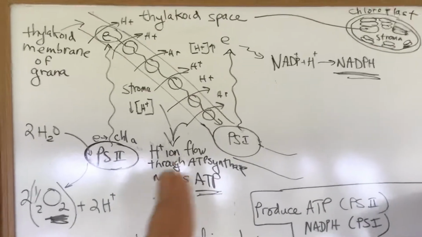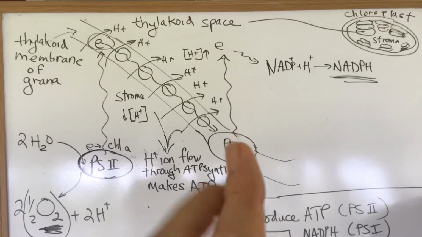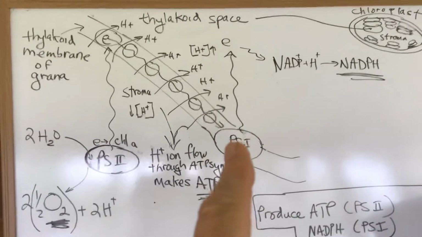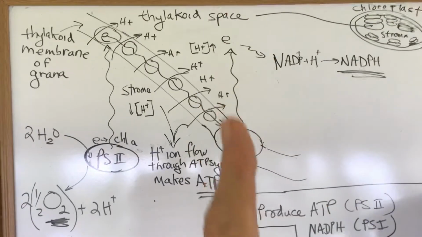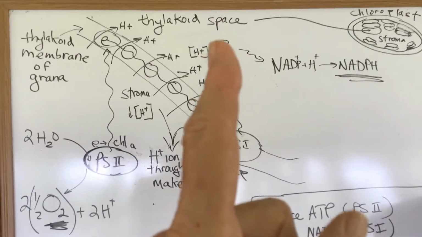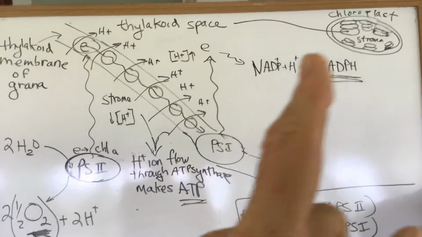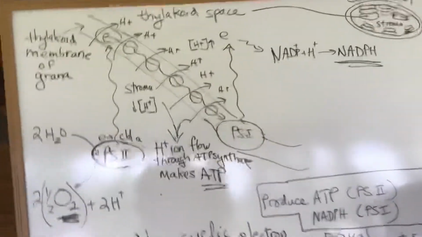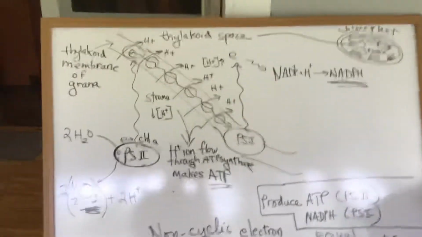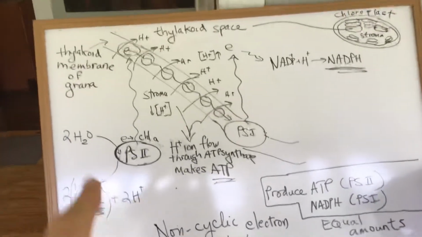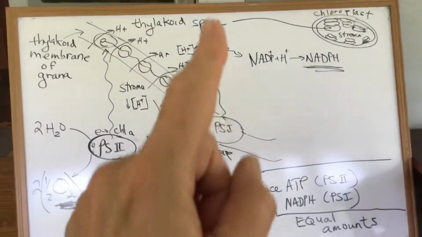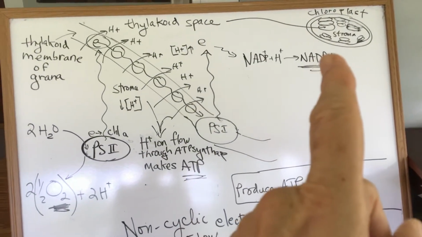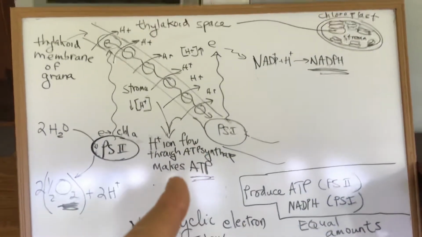Now the second part is that the electron from this part will be collected by this photosystem. It gets excited also by sunlight, and then the excited electrons will be collected in the form of NADPH. So in this process, one electron can go from here to there, to there, to there, be collected off in its excited state, and meanwhile making ATP.